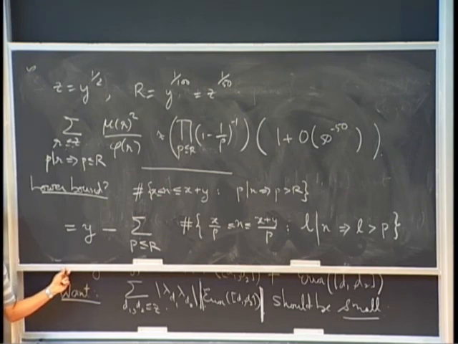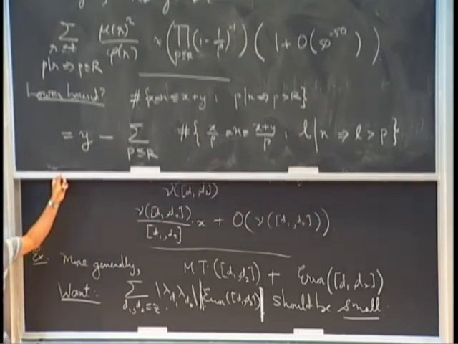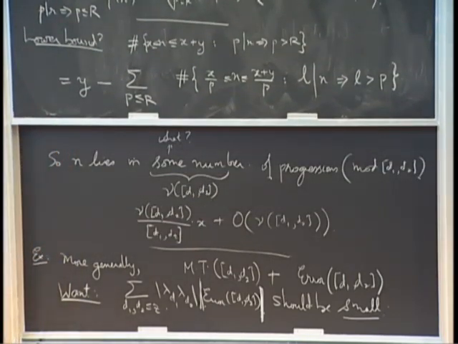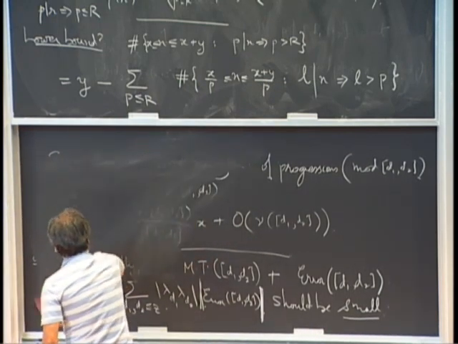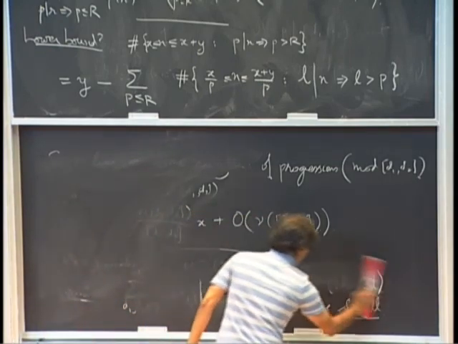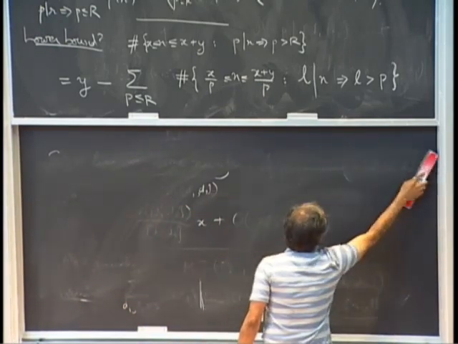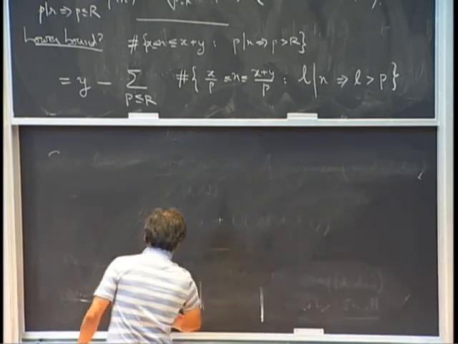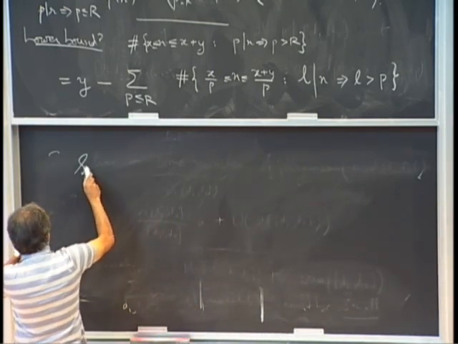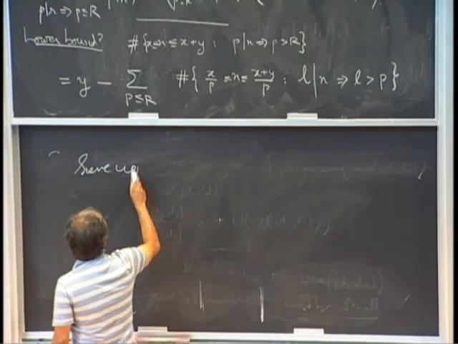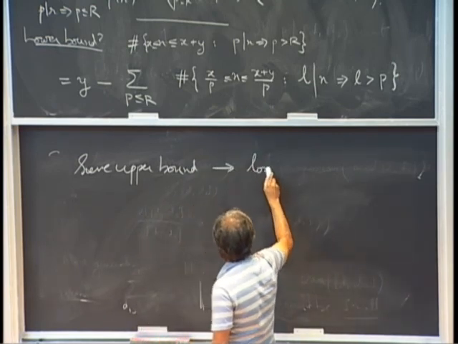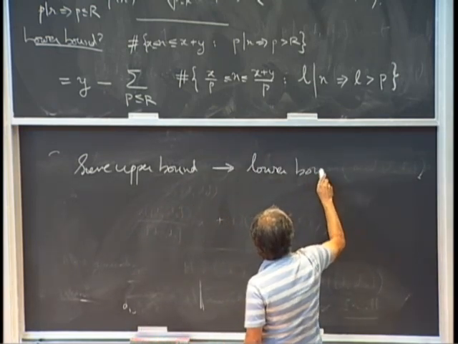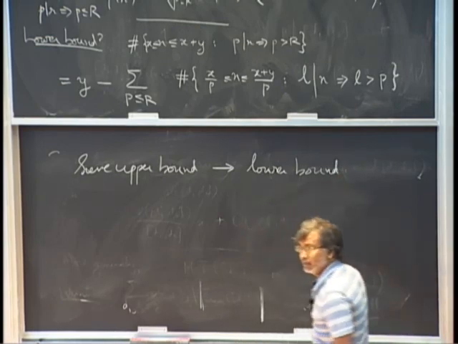Right? So now the sieve upper bound now gives a lower bound, right?